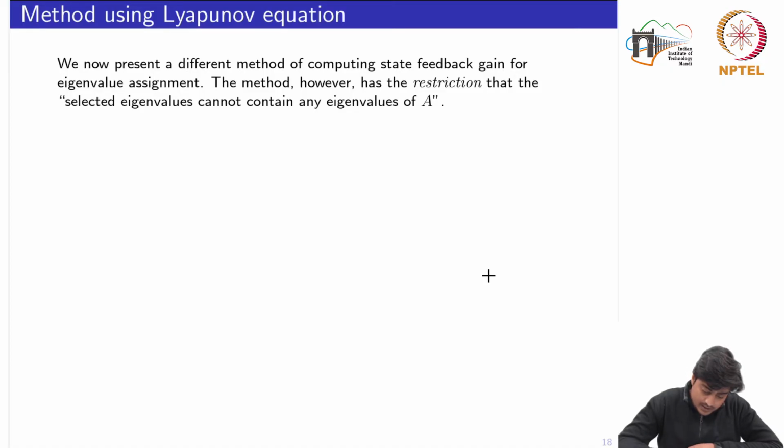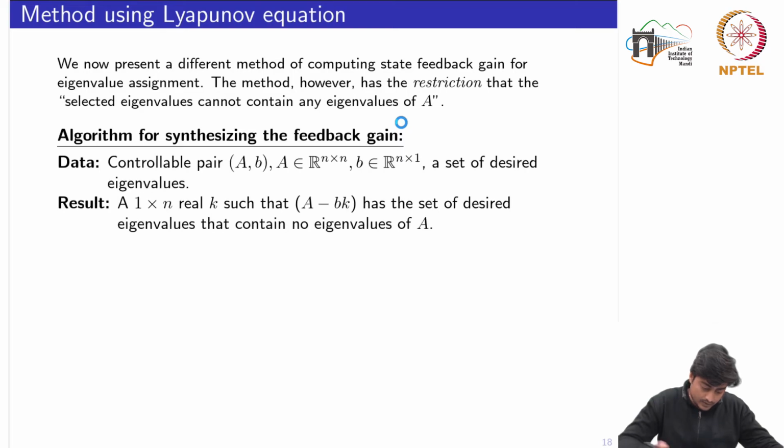This method has a restriction that the selected eigenvalues cannot contain any eigenvalues of the plant itself, that is of the A matrix. Here, first we will discuss the algorithm for computing the state feedback gain, and then we will try to justify that algorithm by computing certain conditions which are necessary and sufficient for this algorithm to work.